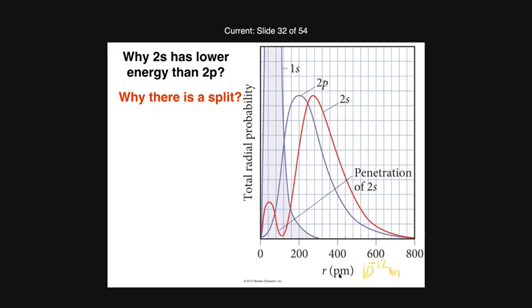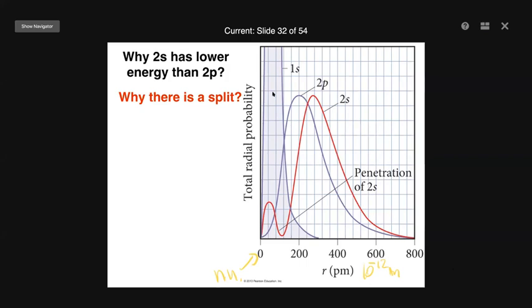The 0 represents the closest to the nucleus, so the distance away from the nucleus equals 0, which means right here is the nucleus. The further away, 200, 400, 600, 800 picometers, are the distances that we measure away from the nucleus. And the y-axis is the probability of finding the electron.